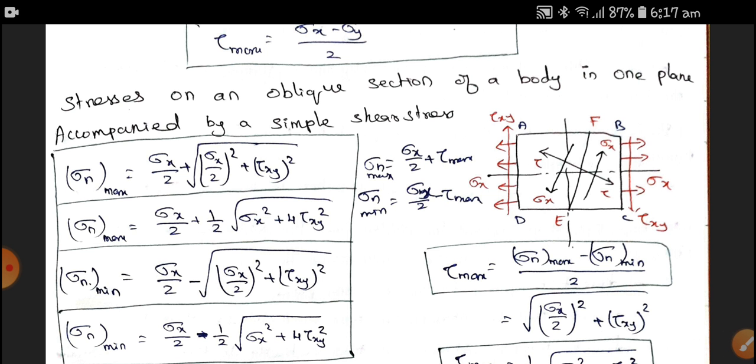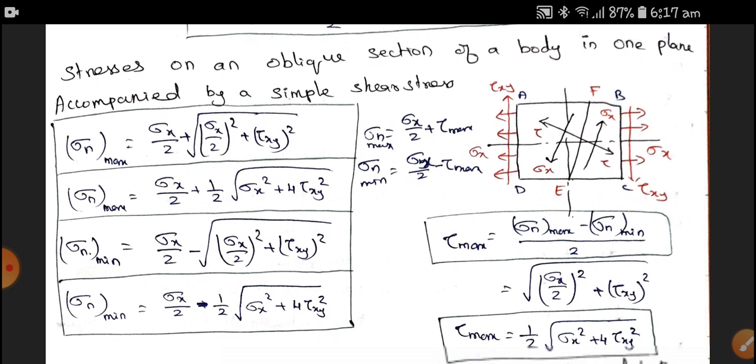Here, for the same thing, the maximum and minimum normal stresses come into the picture, where sigma n max is equal to sigma x by 2 plus 1 by 2 square root of sigma x square plus 4 tau xy square, or we can say sigma x by 2 plus square root of (sigma x by 2) the whole square plus tau xy square.